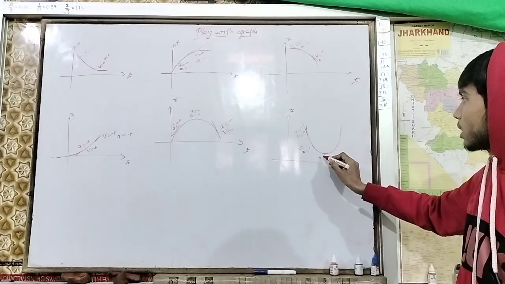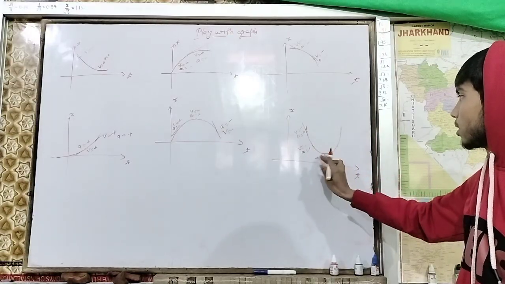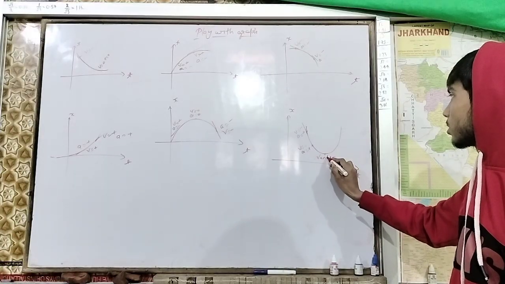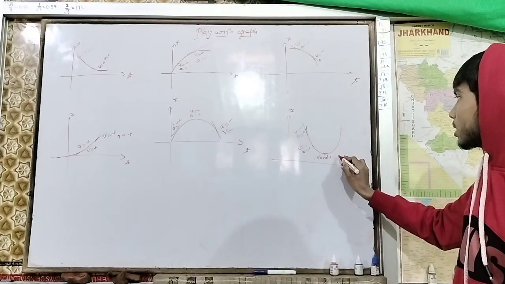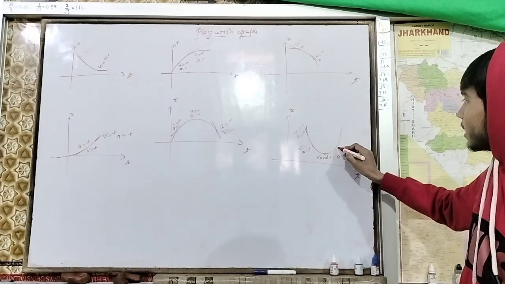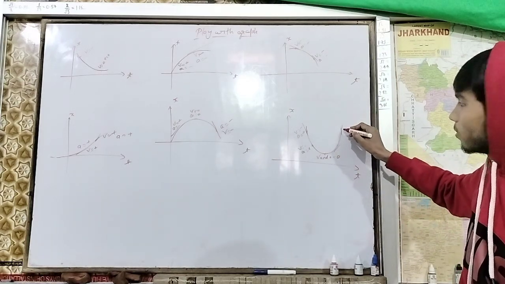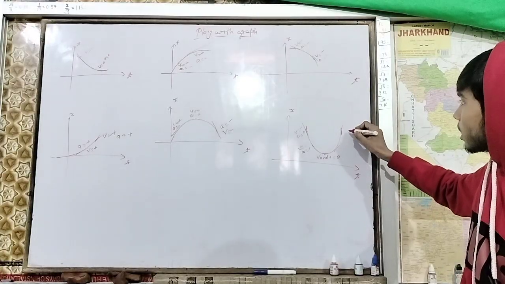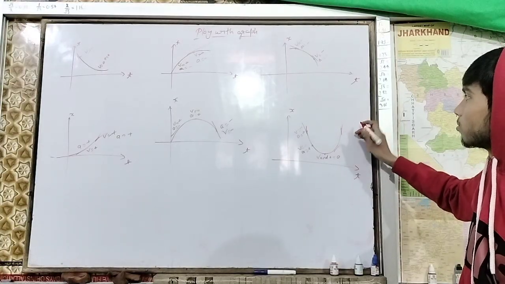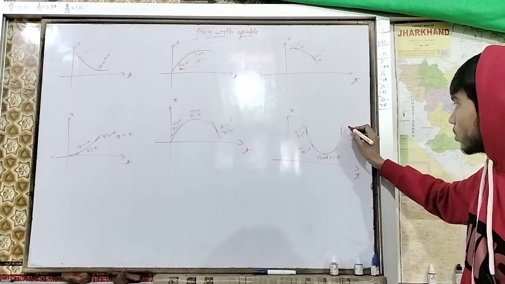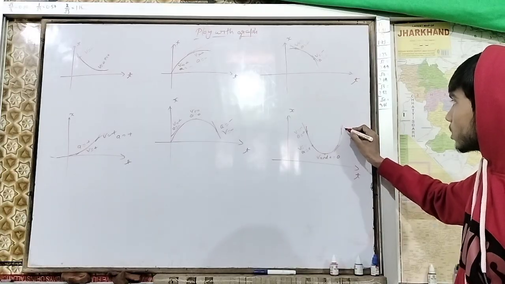Over here, velocity and acceleration are 0. Here, this is a horizontal tangent line. Over here, it is a vertical line. So vertical line and horizontal line both will give you 0 velocity and 0 acceleration.